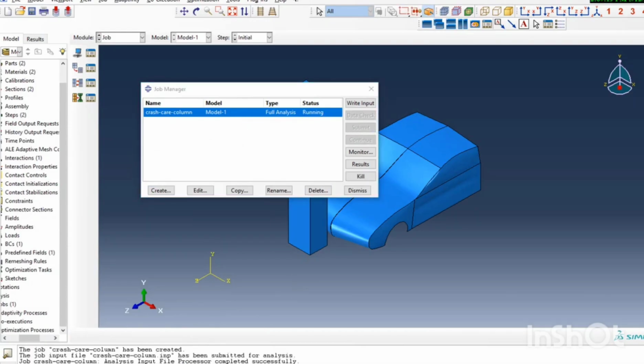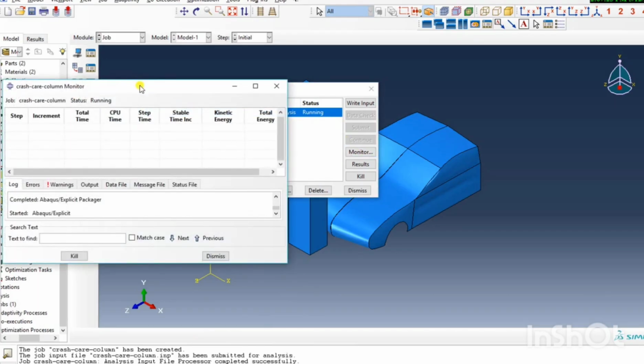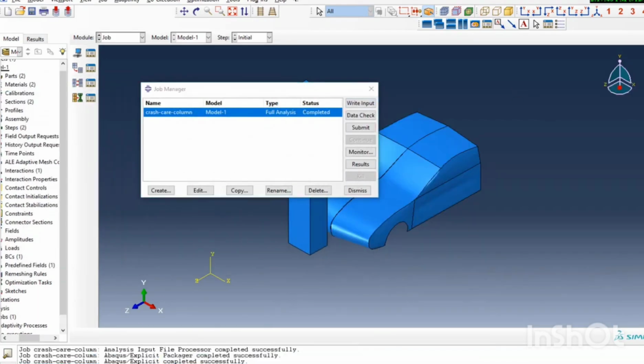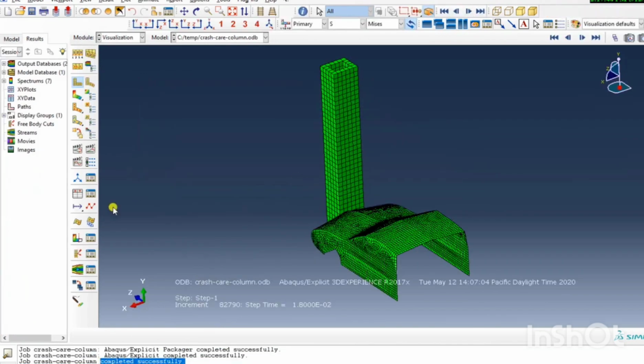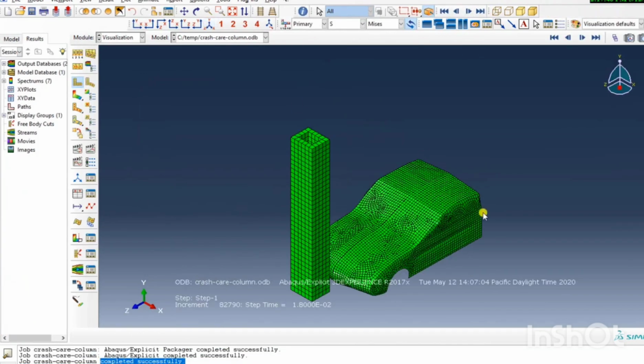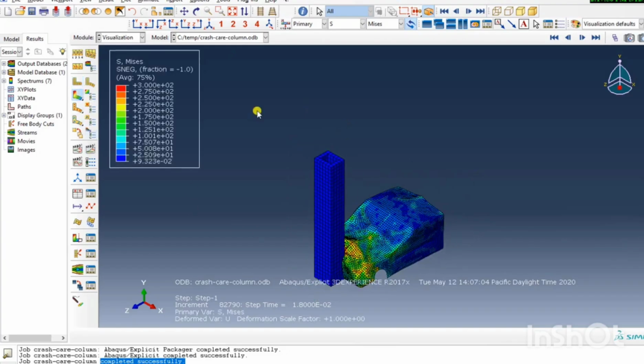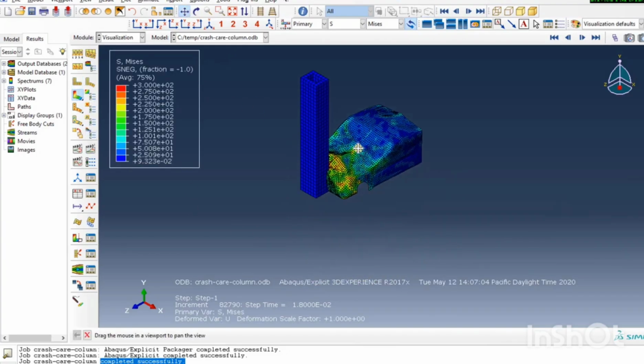The boundary conditions include the initial velocity of the vehicle model, while the barrier is modeled as a rigid body, which constrains the degrees of freedom. As you know, each rigid body has 6 degrees of freedom. The simulation time is typically set to a few milliseconds, sufficient to capture the full impact and the deformation process.